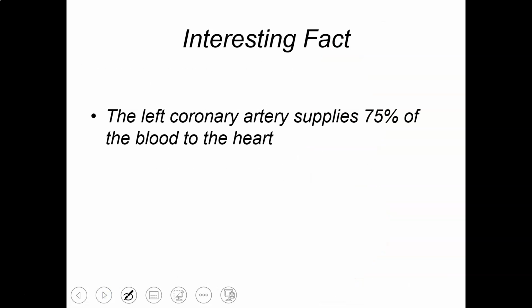Fun fact. Left coronary artery typically supplies about 75% of blood to the heart. Which means that damage or blockage in this left coronary artery is 75% of your heart.